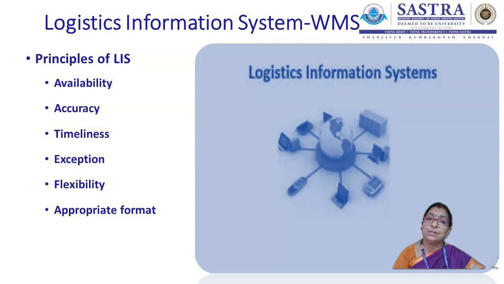Information system timeliness refers to the system status, and how often the system gets updated, at 12 o'clock or 1 o'clock or something like that. The inventory levels also should get updated. Mostly it should not be on a weekly or monthly basis; it could be daily, and even hourly.